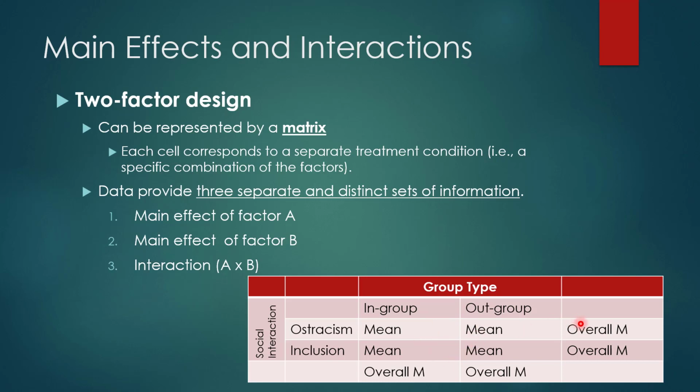So we would compare this mean to look for the main effect of factor B. And to look at the interaction, we're looking at what's going on in this set of means. Does the way that these means change depend on which group they're in, or vice versa?